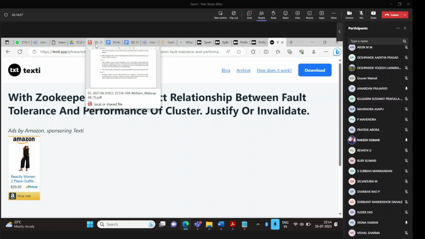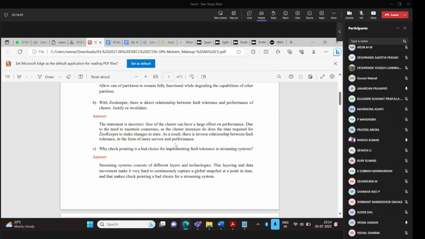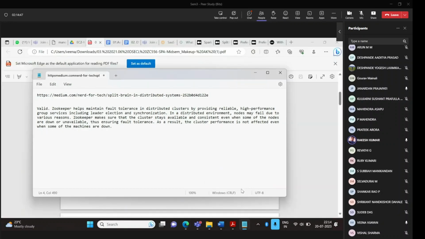Why? Because that's the role of zookeeper. So what does zookeeper do? The zookeeper is the one that has the information of your cluster metadata, in very layman terms. That means it has the information where your master node is, where your worker nodes are, what is inside the worker nodes, and how many replicas, and everything.